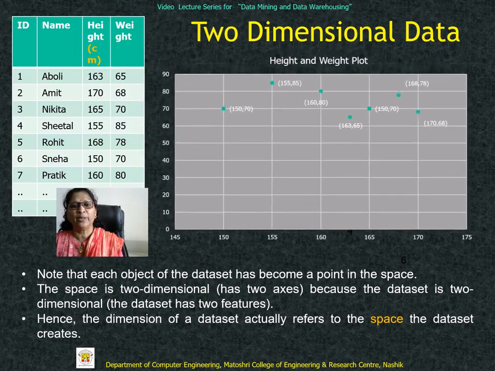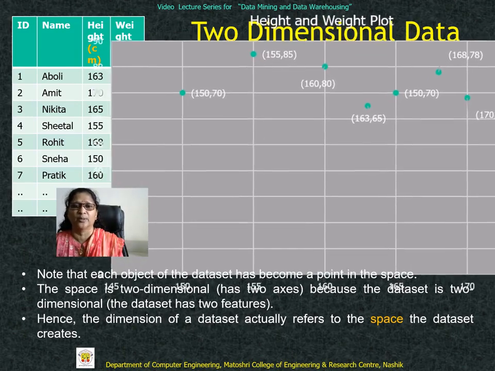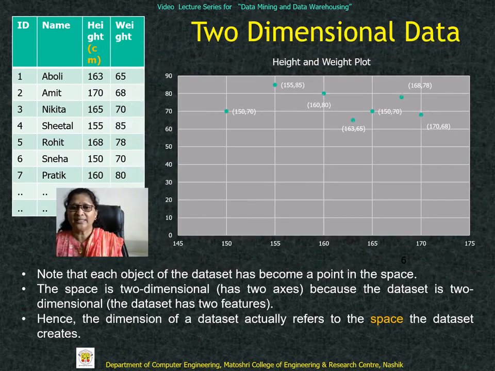Then if we plot, we can plot it like this. Let's look at it more closely. On the x-axis, we are plotting height, and on the y-axis is weight. This is where we are using two features. We call it two-dimensional data.